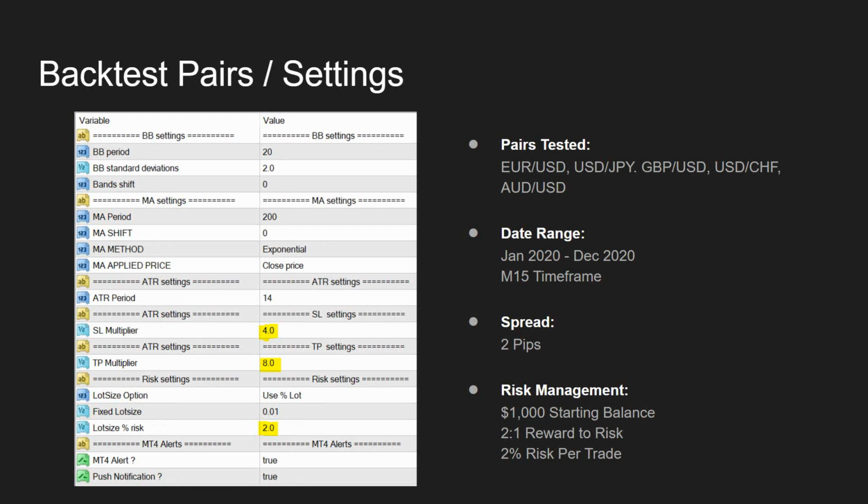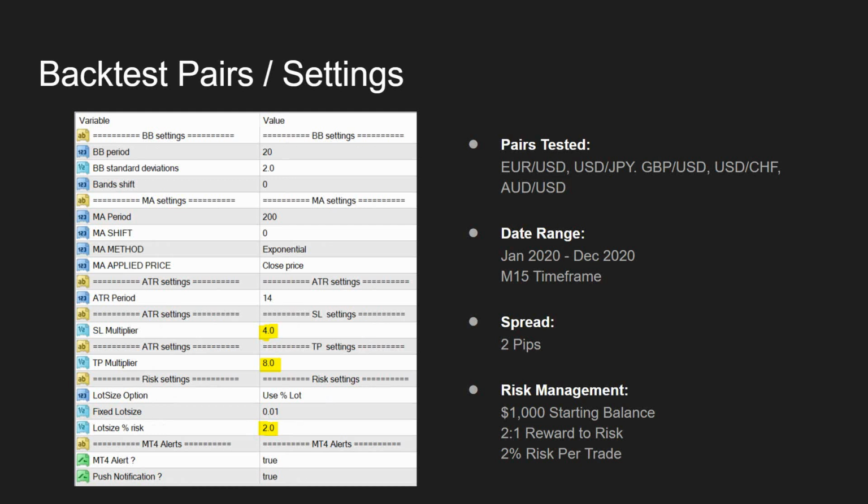It just gives me a gauge in terms of what we're looking at. I've kept the pairs there on the screen, and I'm not going to go through them. The spread is 2 pips. That's a bit of an over-exaggeration. With the broker I use, MyFX Markets, you're generally between 0.5 and 1.5, depending on the currency pair and the volatility of the pair at the time.